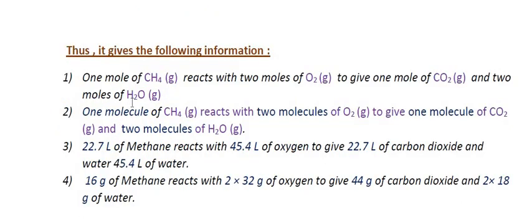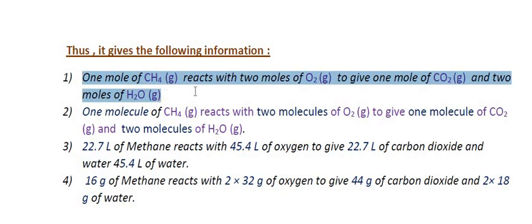Thus it conveys the following information. As I have penned down, the first information is that 1 mole of methane gas reacts with 2 moles of oxygen to give 1 mole of carbon dioxide and 2 moles of water. It conveys this because we are talking in terms of number of moles.